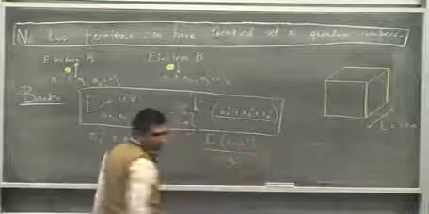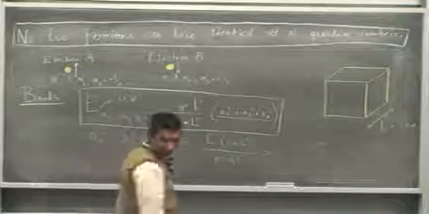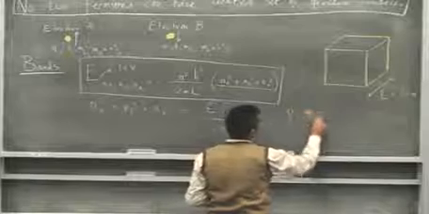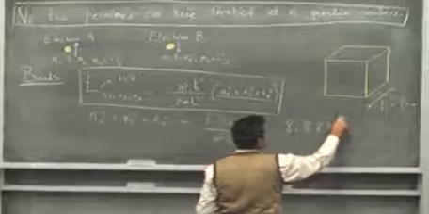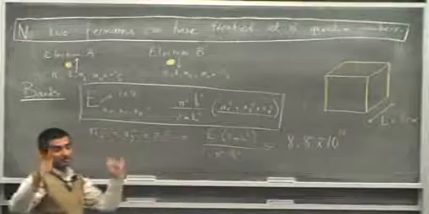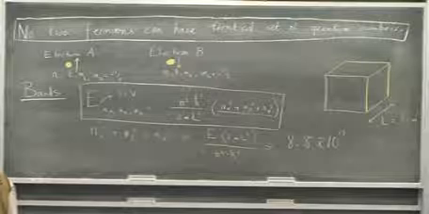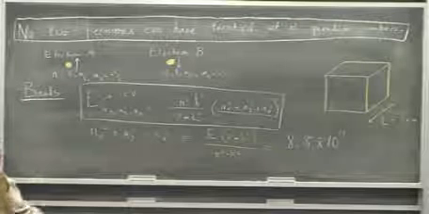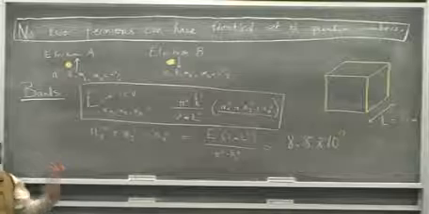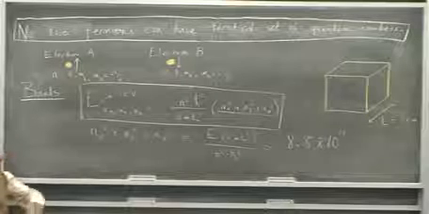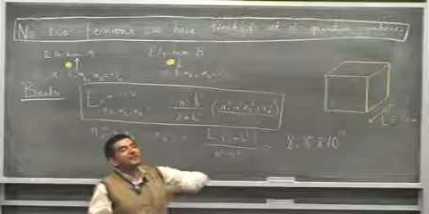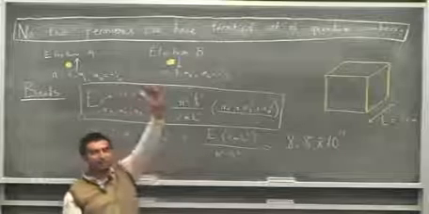And this turns out to be, I've done the calculation, about 8.8 times 10 raised to power 13. It's an extremely large number. This means that this electron will exist in an energy level which is 10 raised to power 13 steps above the ground level.